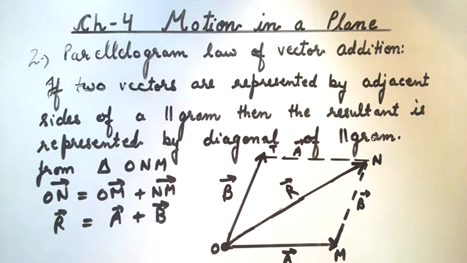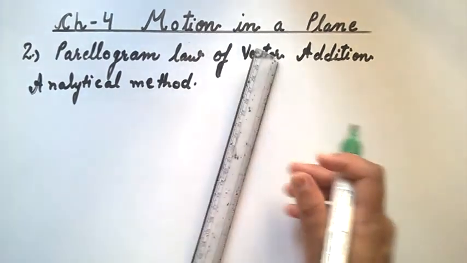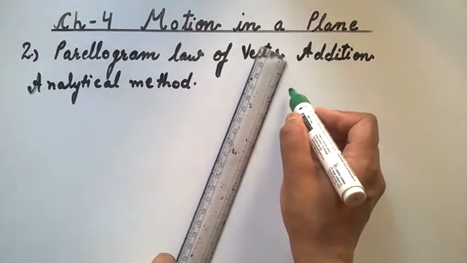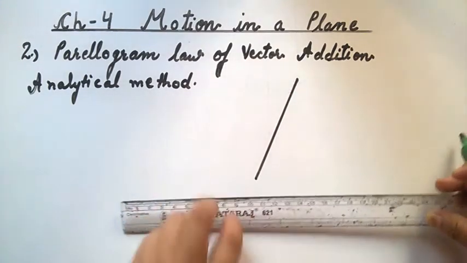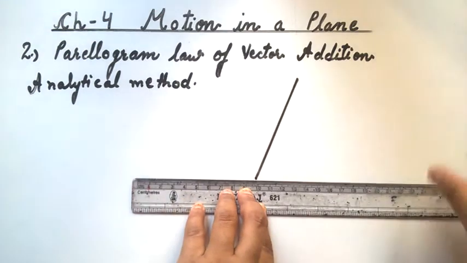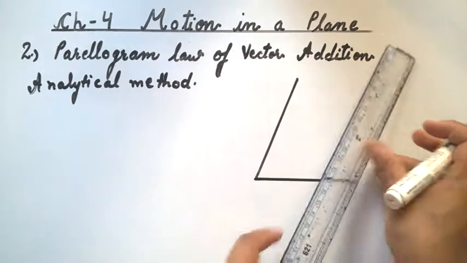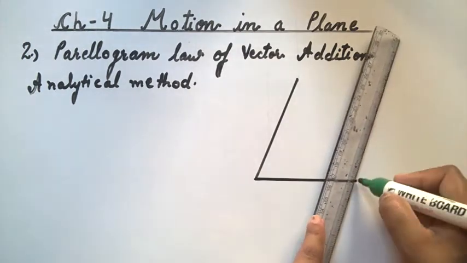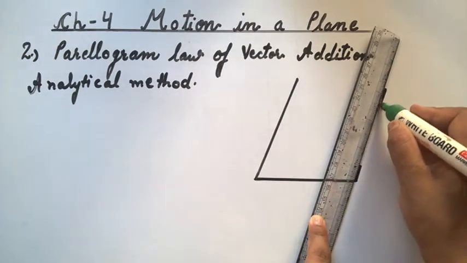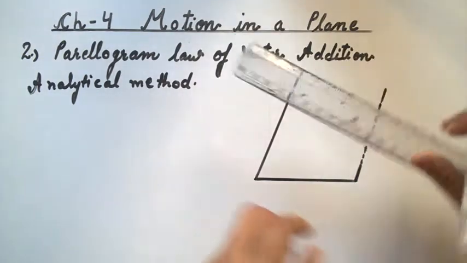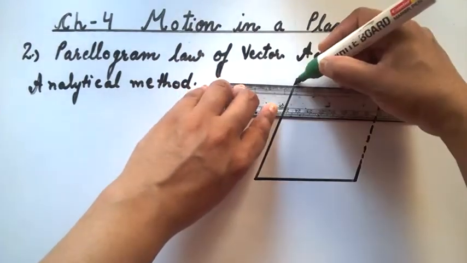So let's see. Now let's find the magnitude of the resultant and its direction. For this, draw a parallelogram. These are the two adjacent sides. Another parallel side. The last one.